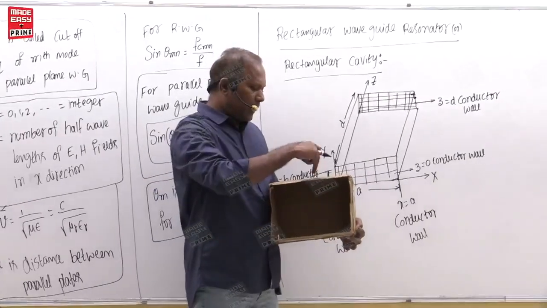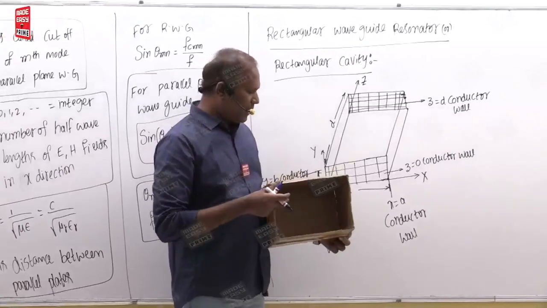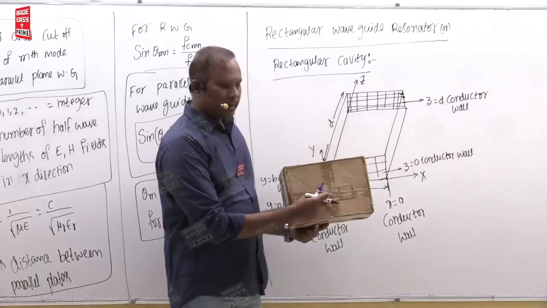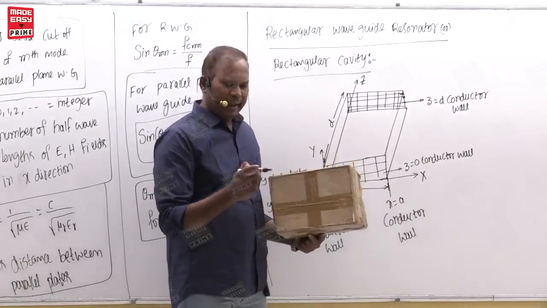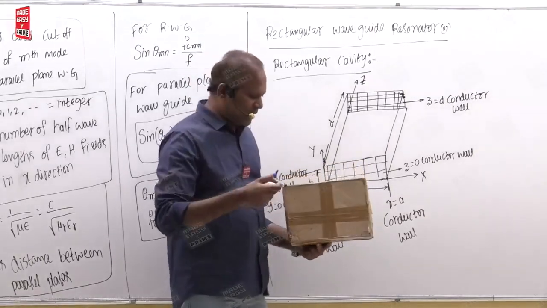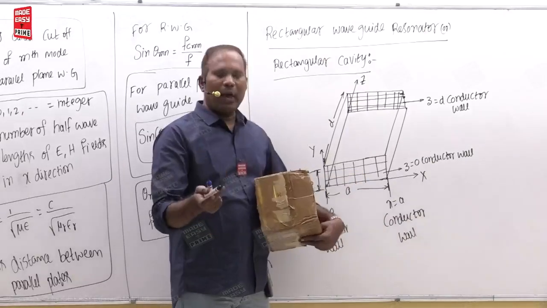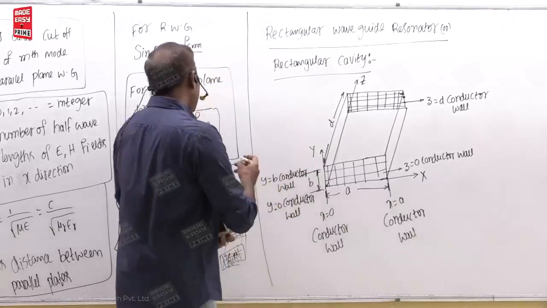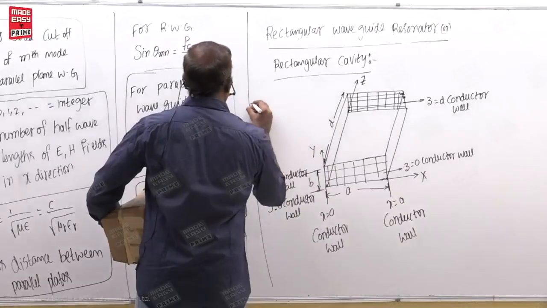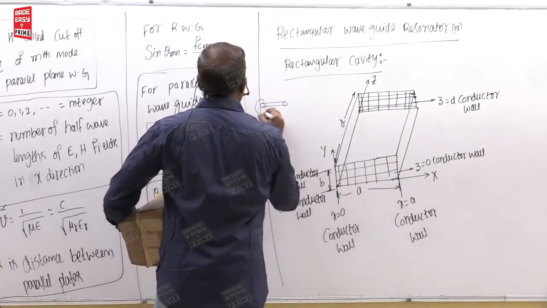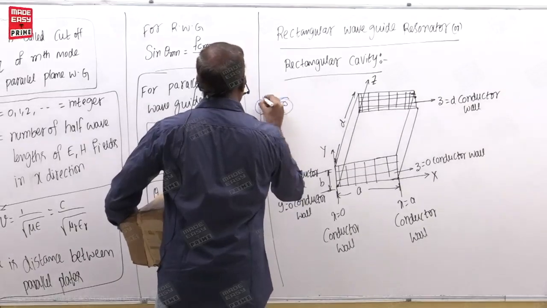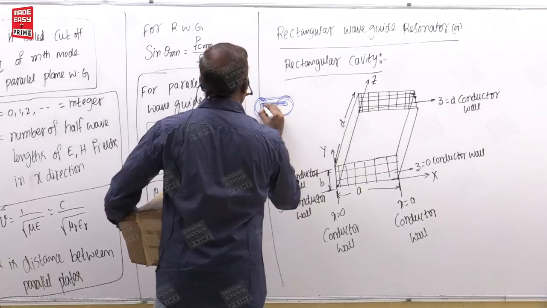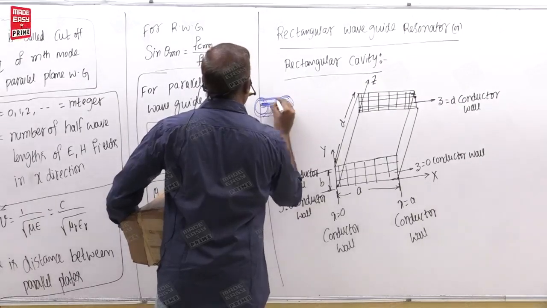Now from here, or otherwise from this side, a hole is drilled. After drilling the hole, a pen-like structure is inserted. This is called coaxial cable. This coaxial cable has an inner conductor and outer conductor.